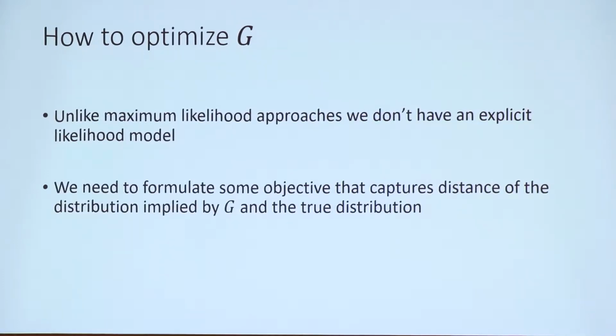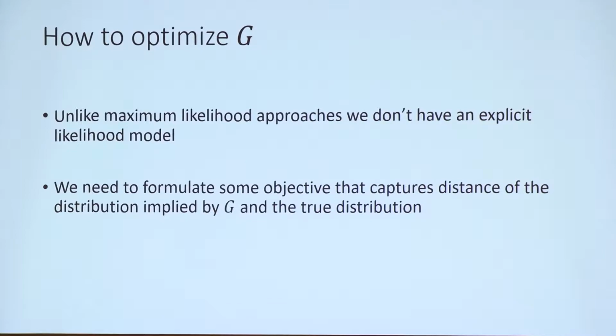We somehow need to formulate an objective that tries to capture the distance between two distributions. One is the distribution of the real data, and the other is the distribution that is the result of passing random noise through this g and coming up with the output of that g function.